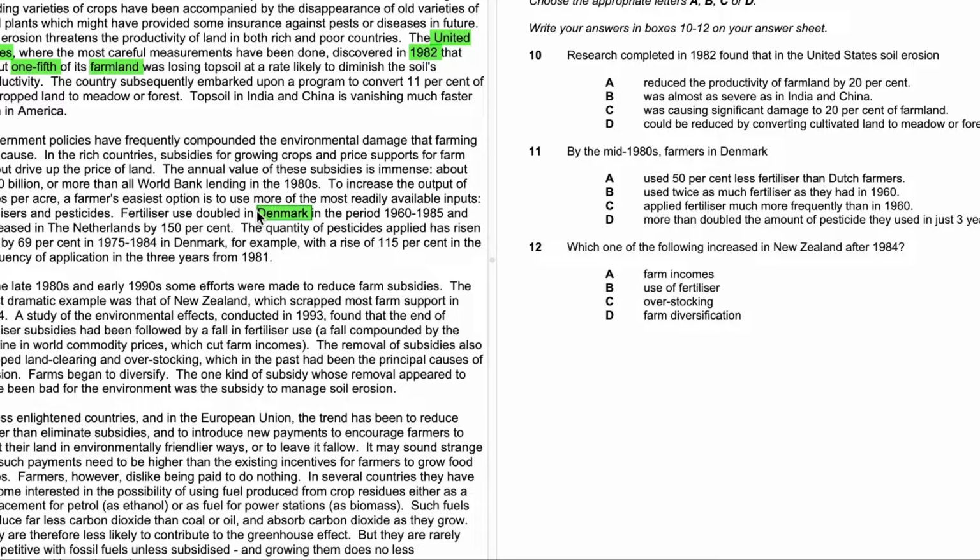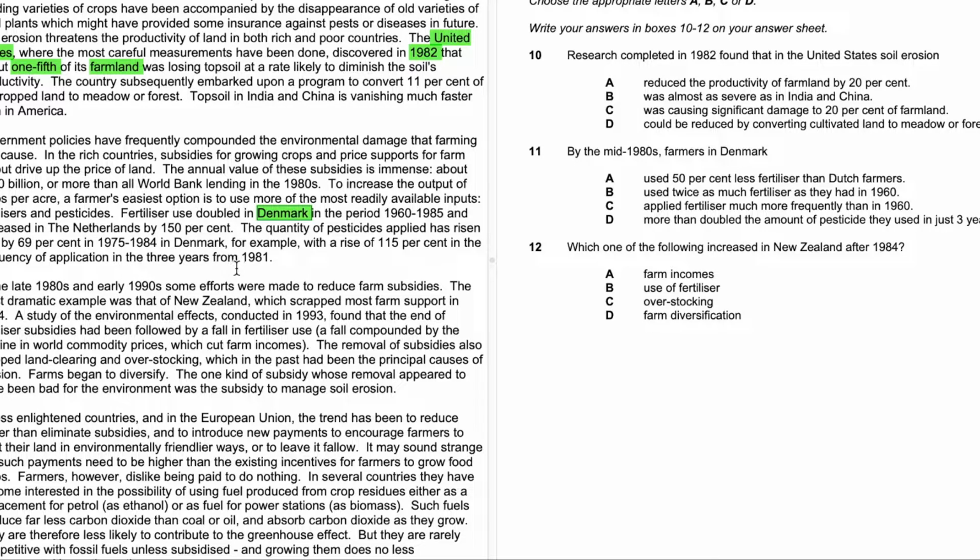We're gonna highlight it, and as I was saying, by the middle of 1980s, so we're gonna go with this sentence. Fertilizer use doubled in Denmark in the period 1960 to 1985, and increased in the Netherlands by 150%.